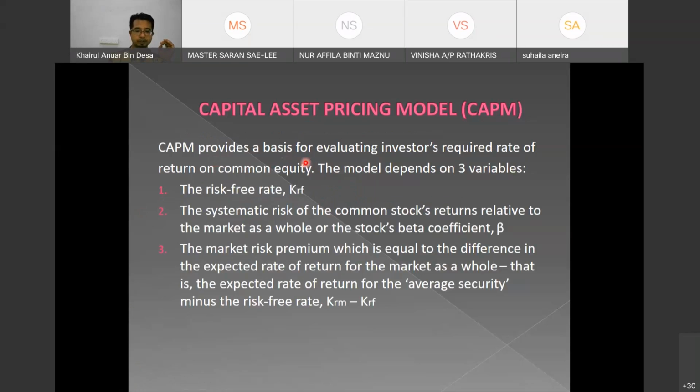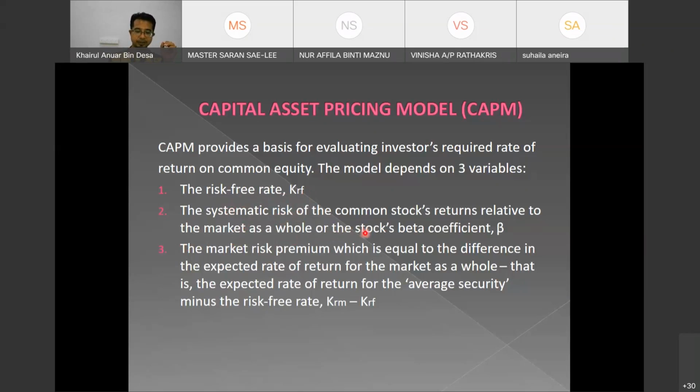The capital asset pricing model provides a basis for evaluating the investor required rate of return for common equity. As I mentioned earlier, when the expected rate of return is higher than the required rate of return, we accept. If the expected rate of return is less than the required rate of return, we reject. So now, with the capital asset pricing model we want to determine the required rate of return for common stock. Again, risk-free rate.